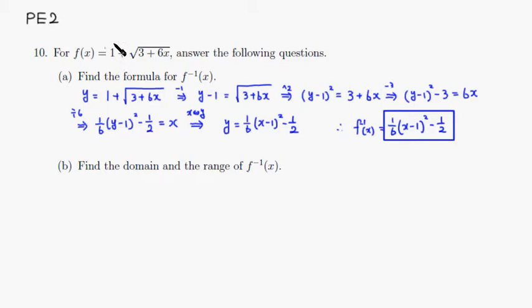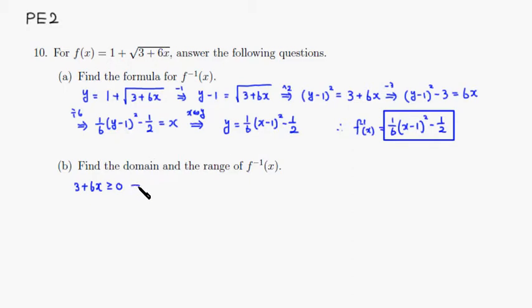The domain of this has only one restriction, because of the square root: we have to make sure that the 3 plus 6x is non-negative. We cannot have a negative value inside the square root if we're talking about just real numbers.